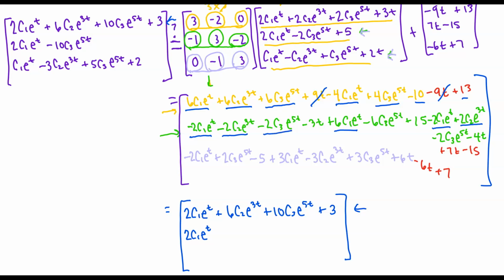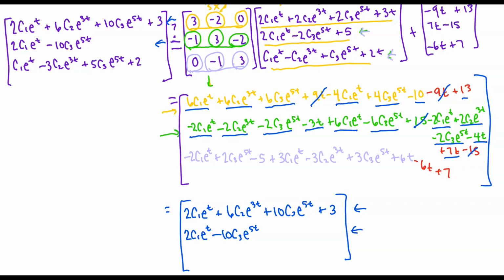Negative 2c3 minus 6c3, that's negative 8. Minus 2 more gives us negative 10c sub 3 e to the 5t. Combining our non-homogeneous terms, let's see. We have negative 3t minus 4t, that's negative 7t plus 7t, all that cancels, and the 15 and negative 15 cancel. So row 2 here looks like row 2 here.